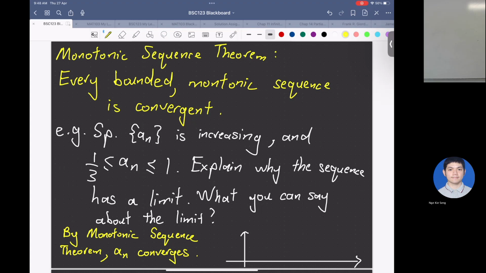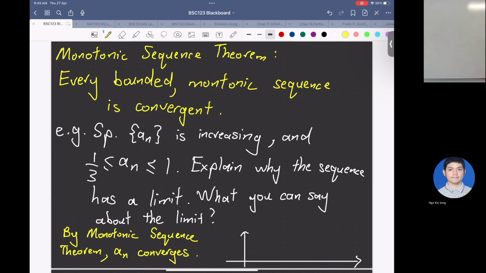Right? But bounded by 1. So I think the limit is equal to 1. Oh, less than or equal to 1. Yeah, less than or equal to 1. Okay.